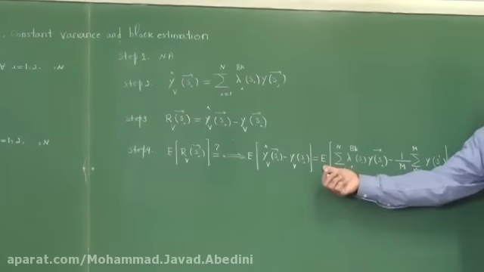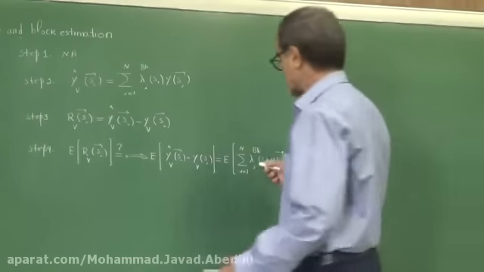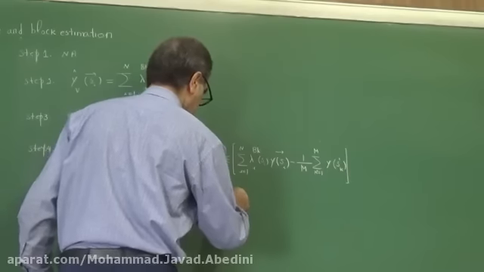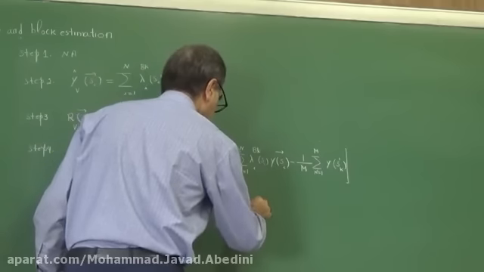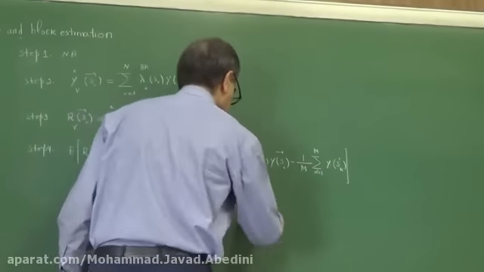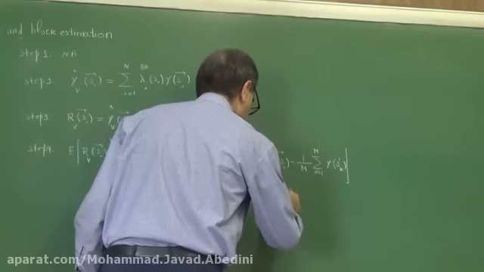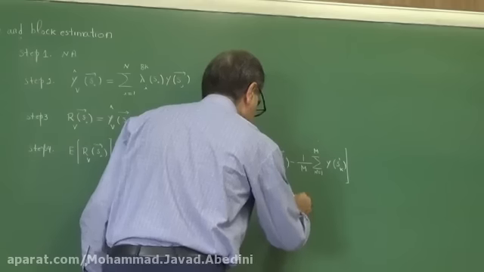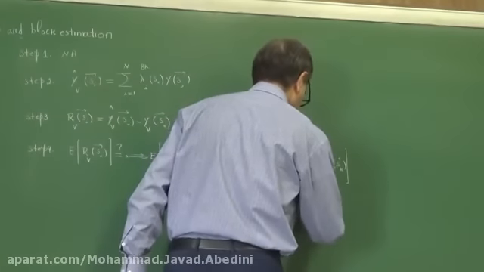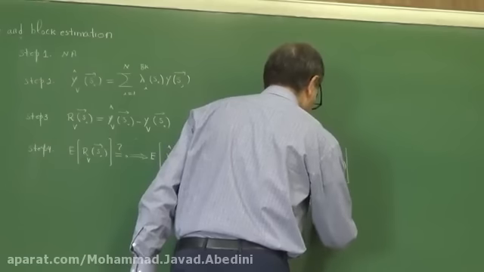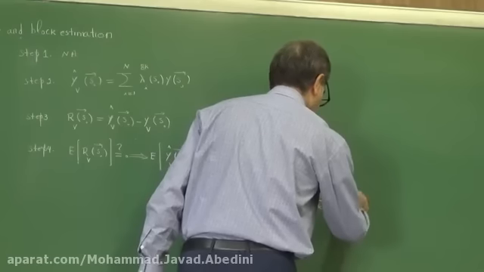This operator is a linear operator, so I can bring this expectation inside and write it as summation I from 1 to n lambda I bk, which is the function of your block index at S0, and then expected value of y at SR, minus 1 over n summation k from 1 to n expected value of y at S prime k.